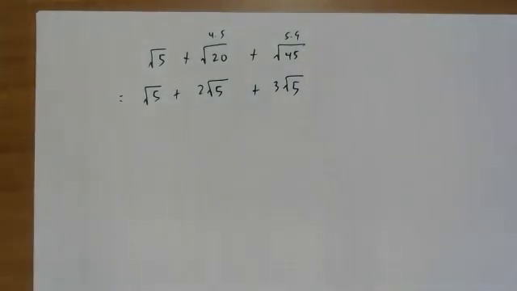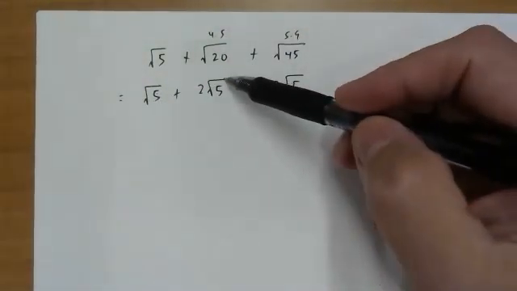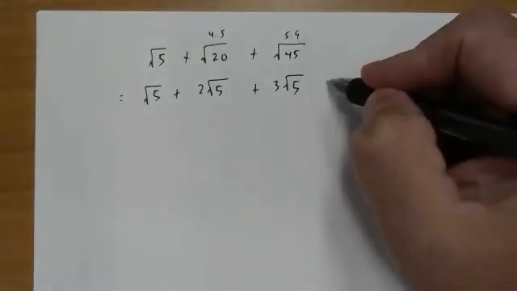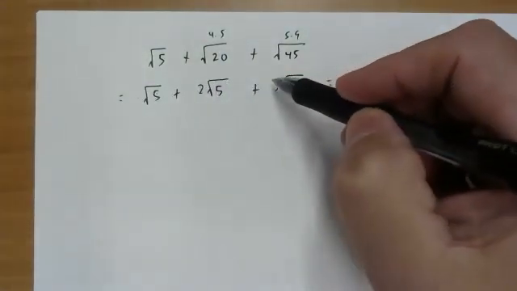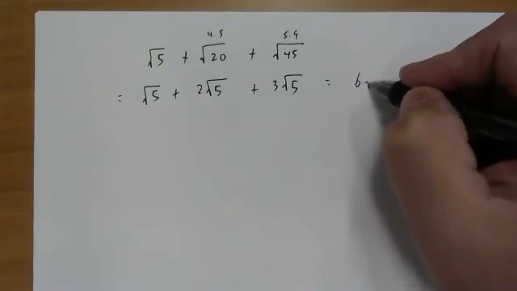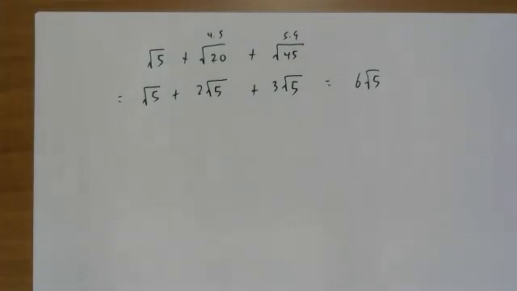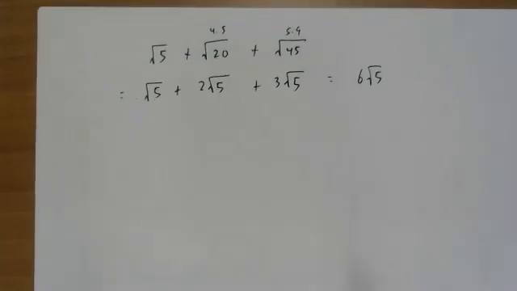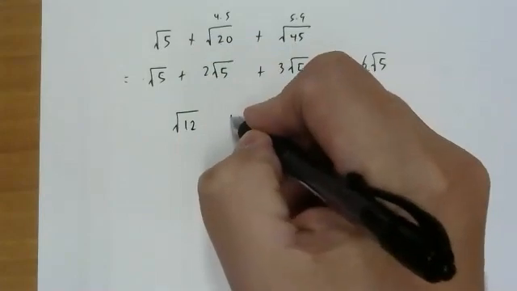So by the time I simplify each term individually, I now have square root of 5, square root of 5, square root of 5. So it's like 1 plus 2 plus 3. Turns out we were able to combine them once we simplified each square root. One more like this.